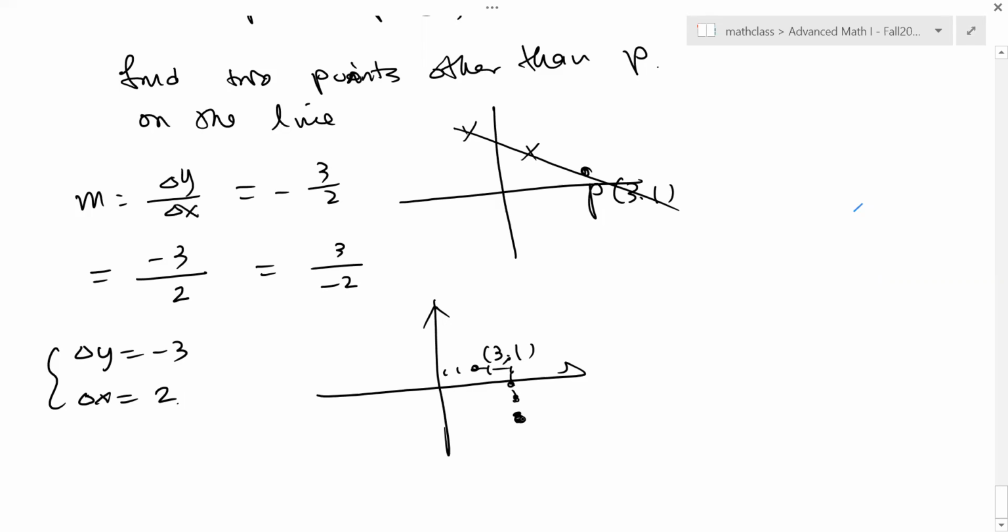Okay, this is another point. So 3 plus 2, 1 minus 3, which is going to be 5 and -2. So this is another point on the line. So we can already draw the picture, because 2 points uniquely determine a line, right?